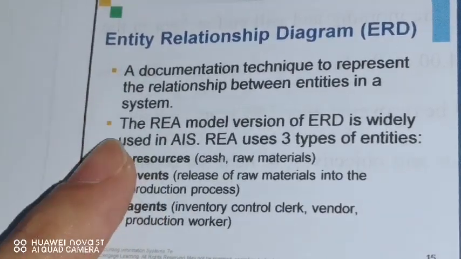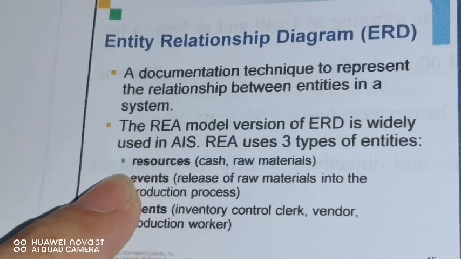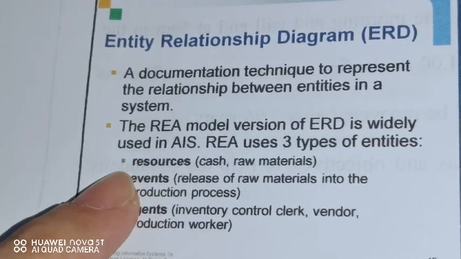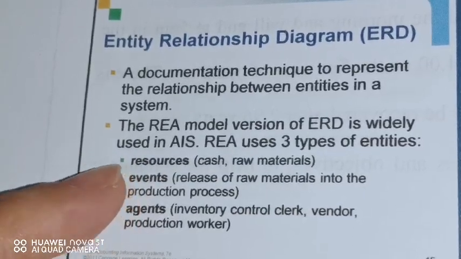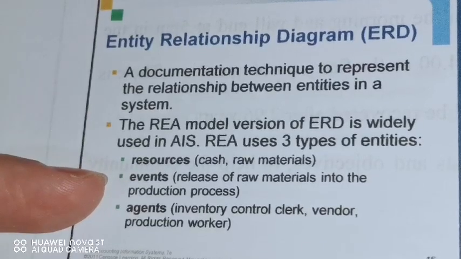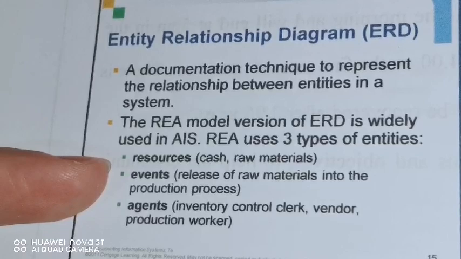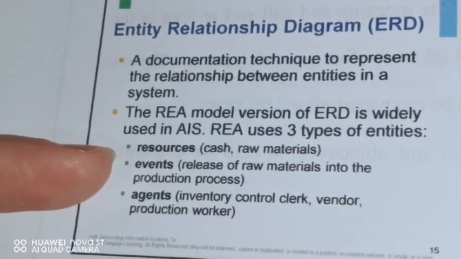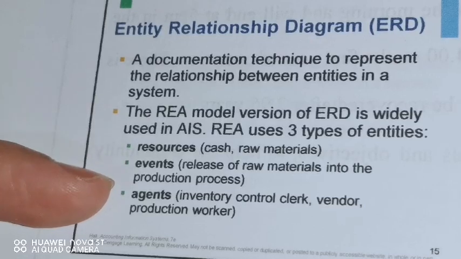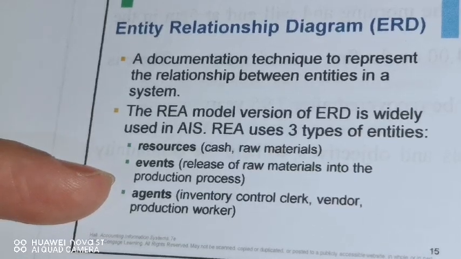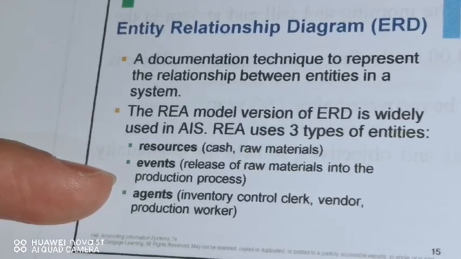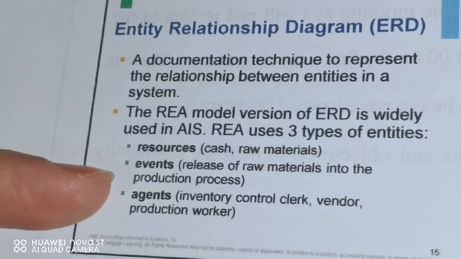Okay, so under the REA model version of ERD, which is widely used in AIS, there are 3 types of entities. So, what are those? The first one is the resources. So when we say resources, these are the cash and raw materials. And then the events. What are the events? These are the release of raw materials into production process.